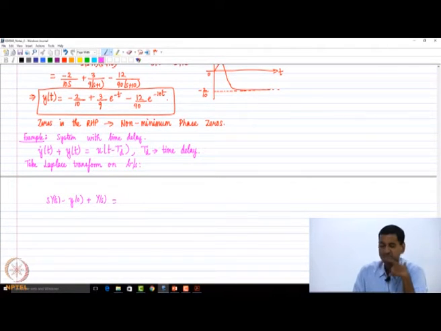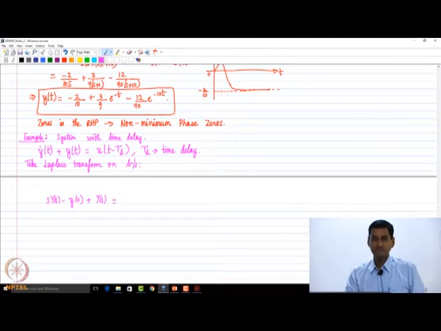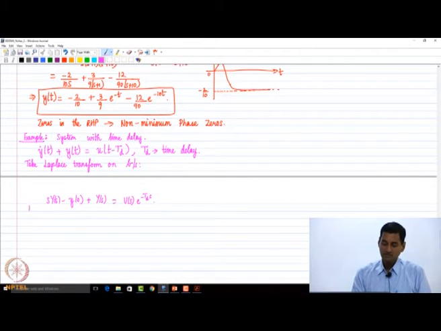What is the Laplace transform of u of t minus td? U of s times e power minus tds. Now take initial condition to be 0, then the transfer function, which is y of s divided by u of s, is going to become e power minus tds divided by s plus 1.